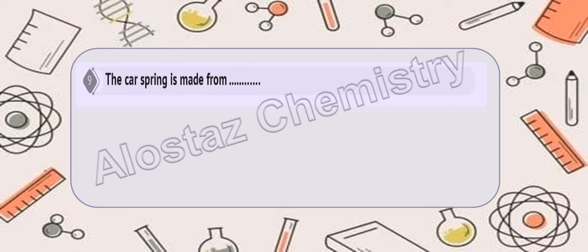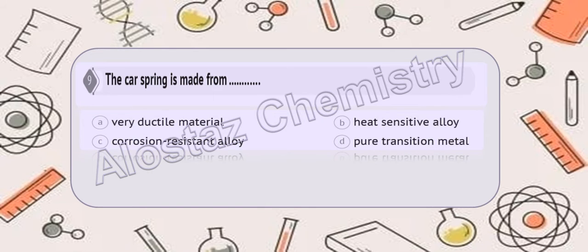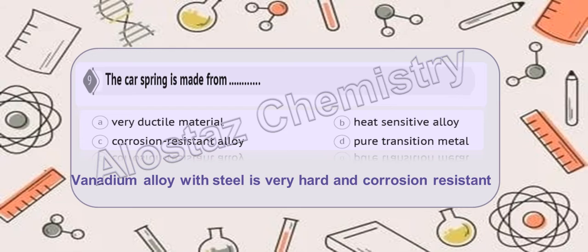Question 9 says that the car spring is made from which element? That is the main one in making the car spring, that makes it more elastic. Okay, we have choices here: very ductile material, heat sensitive alloy, corrosion resistant material, and pure transition metal. Okay, if we want to make it elastic, we need an element that will be what?